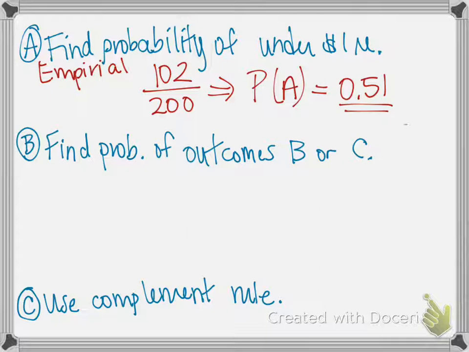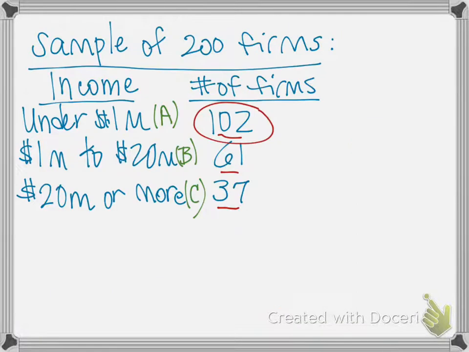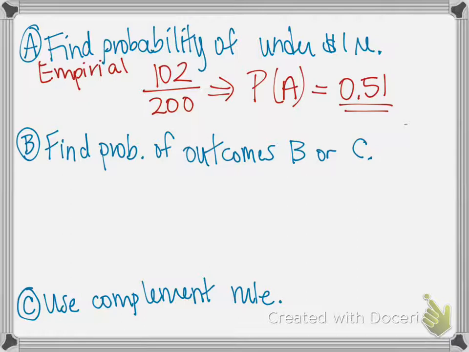Okay, and so that's how we would answer question A. Question B says, find the probability that a randomly selected firm would have outcomes B or C. And so looking back at our data, B would mean they're in the 1 to 20 million, and C would mean that they're making 20 million or more. And this is where we use what's called the special rule of addition.